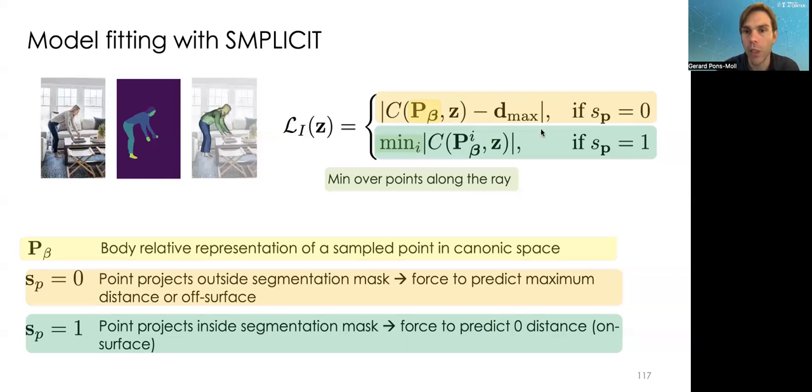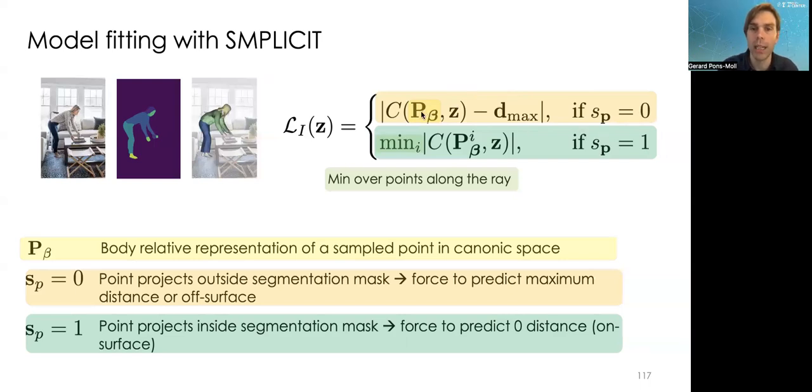Basically we have two scenarios. One, the point does not overlap with this segmentation label, in which case this variable SP takes value 0. The other case is when the point does overlap with the semantic segmentation label, in which case this variable takes value 1.